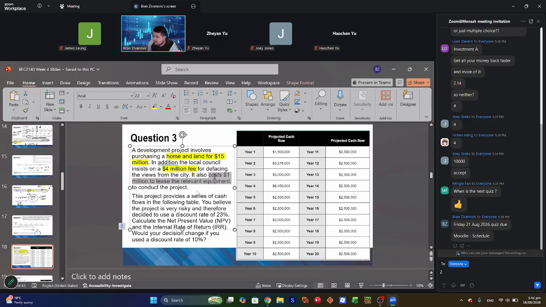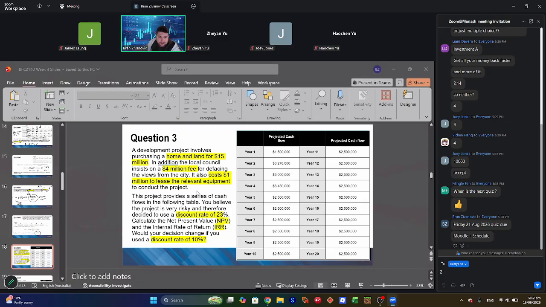Now, the project provides a series of cash flows, and because the project is risky, you apply a discount rate of 23%. Let's calculate the NPV and the IRR, or in the second part of the question, let's use a discount rate of 10%.